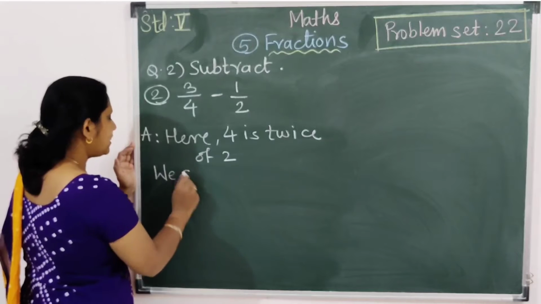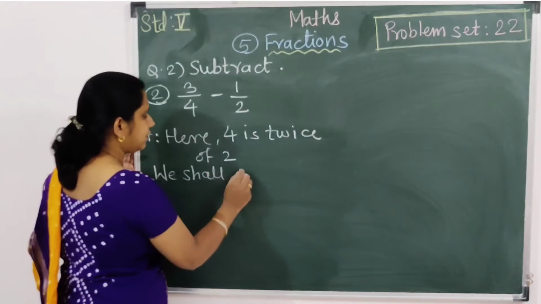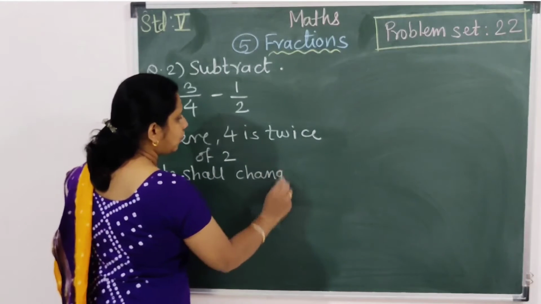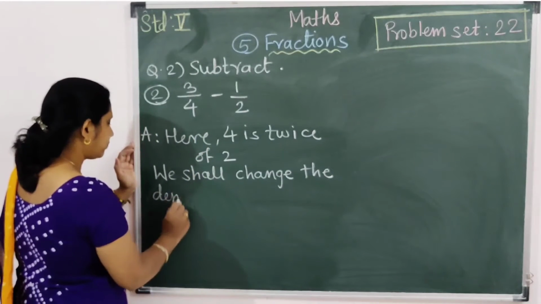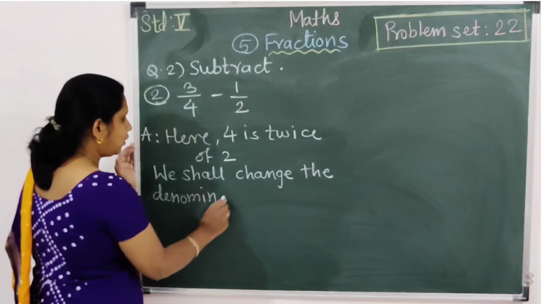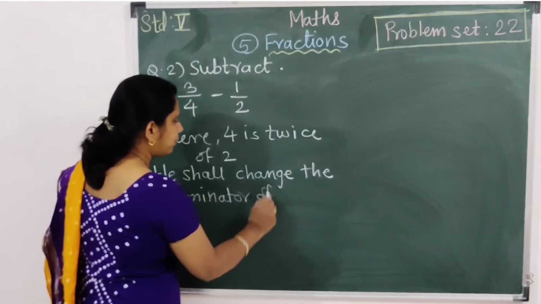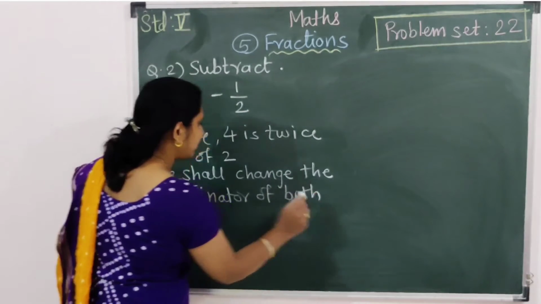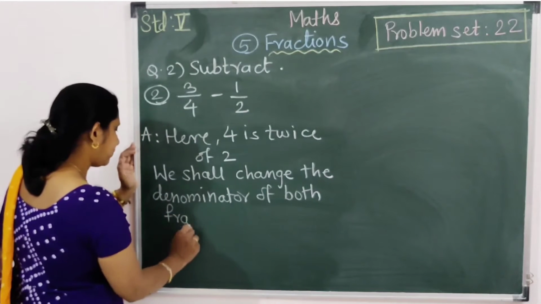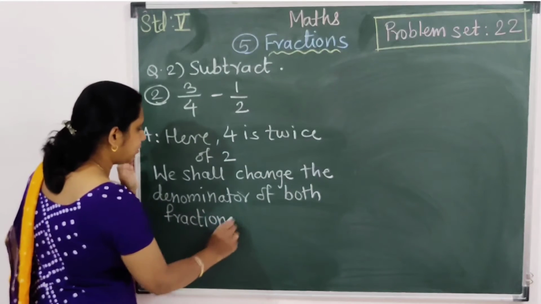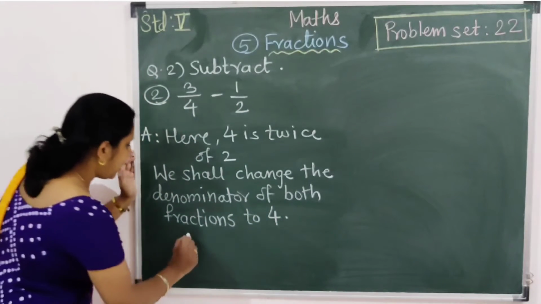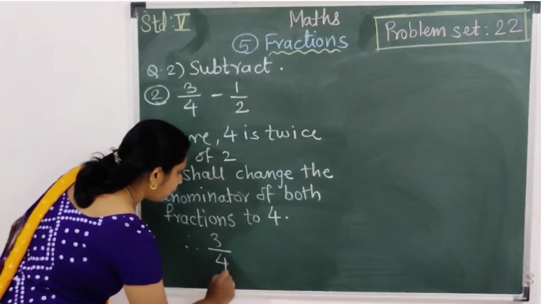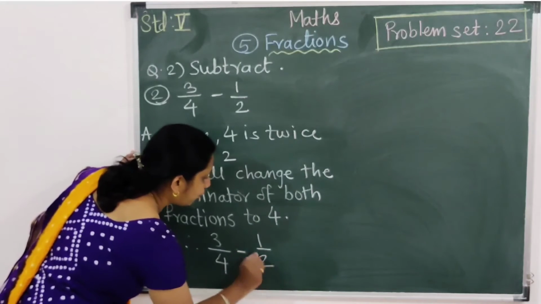So we shall change the denominator of both fractions to 4. Okay. Therefore, 3 upon 4 minus 1 upon 2.